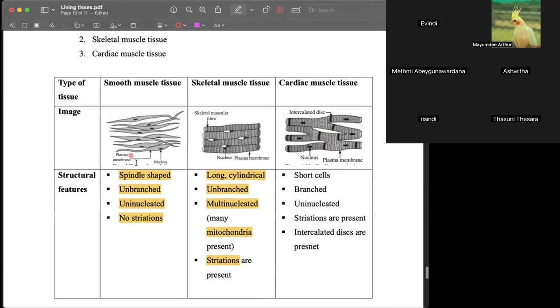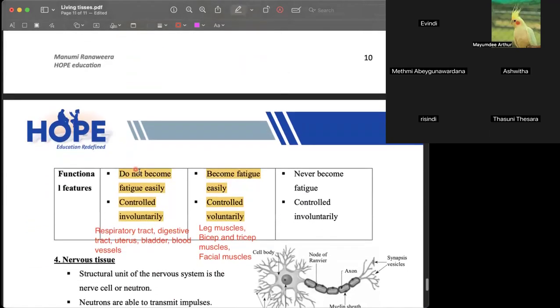Now for smooth muscle tissue, there were several locations where you were able to find smooth muscle tissues, like the respiratory tract, digestive tract. Actually, most of the internal organs. Skeletal muscle tissue, there are multiple locations. Wherever you can control voluntarily, you can find skeletal muscle tissue there.